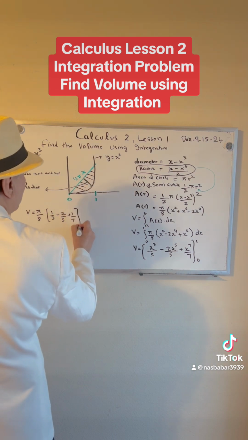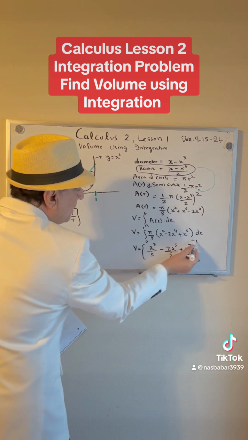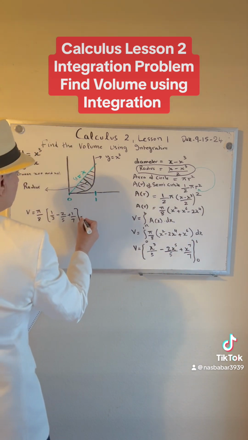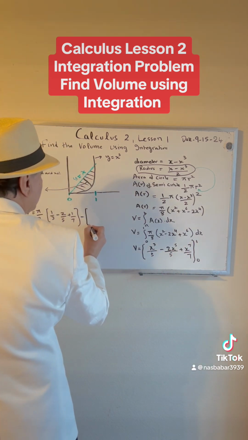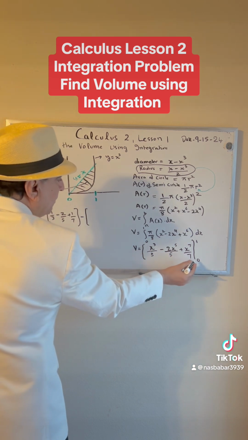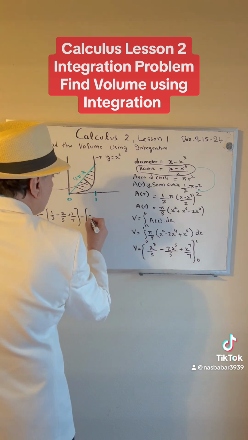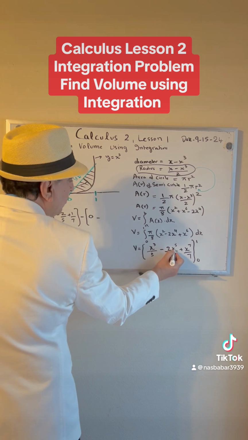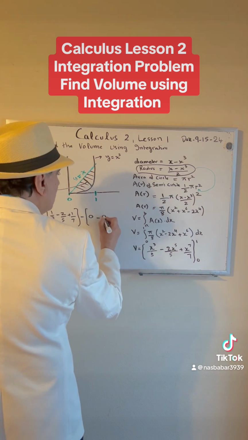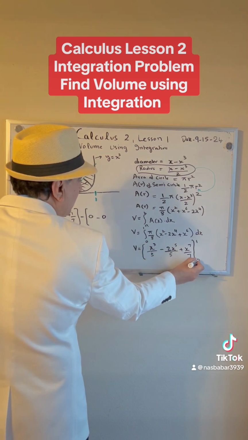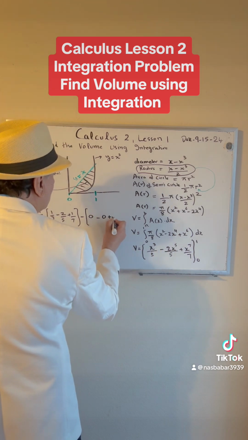This is basically plugging in the value 1 for x, minus, let's go ahead and plug in the value 0 now. When you plug in 0 for x, this becomes 0, this becomes 0, and this becomes 0.